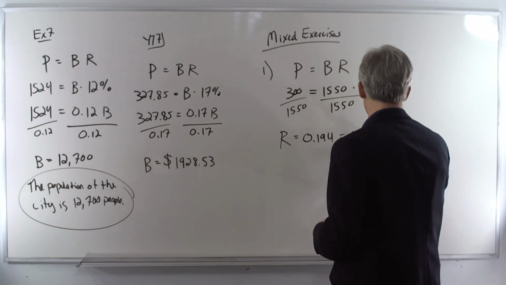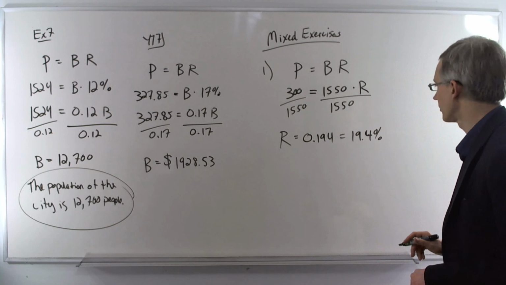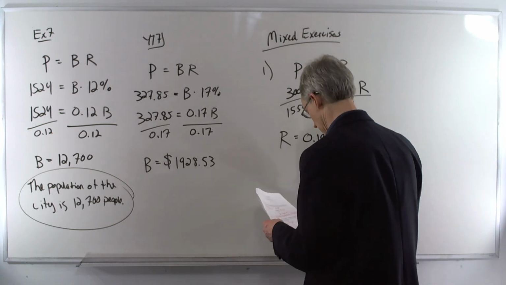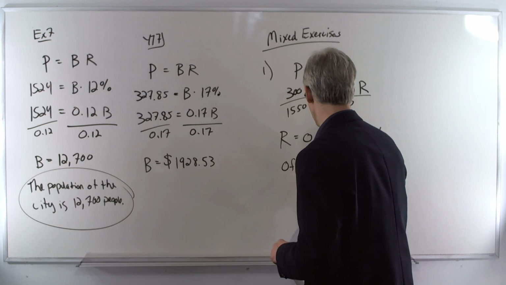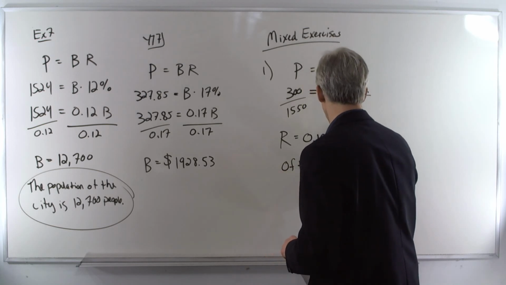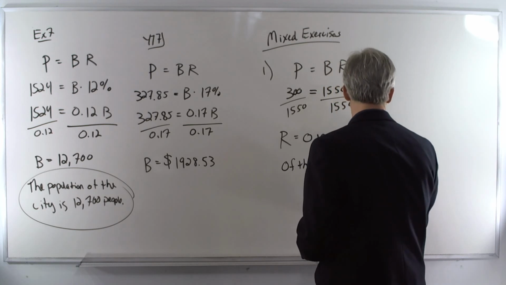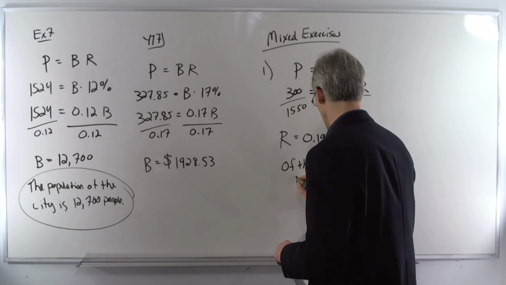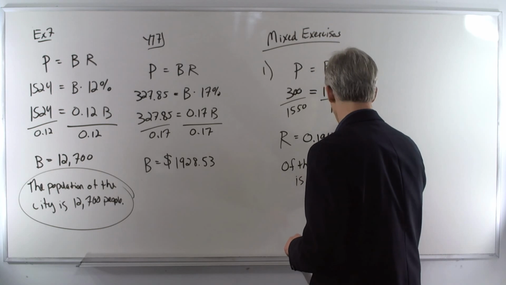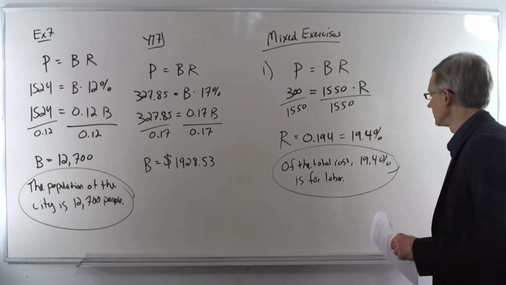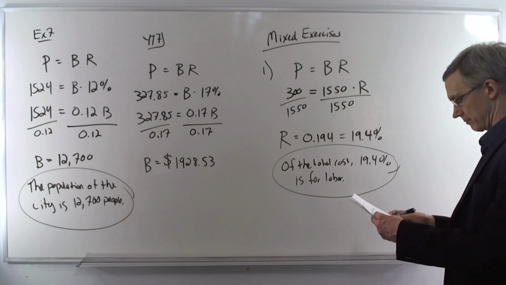If we take the decimal and move it two places to the right, we get 19.4%. So of the total cost of the job, 19.4% is for labor.